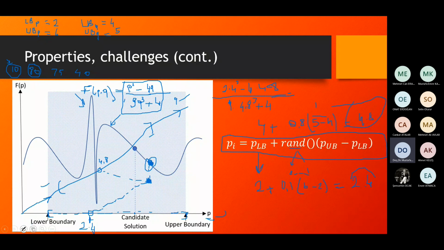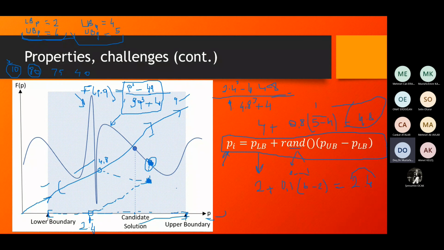So in order to produce a random solution, a random point, you have to apply this formula to every dimension you have. And every dimension has its unique upper and lower boundaries. If this problem is 30-dimensional, you need 30 lower and upper boundary pairs in order to define your search space.